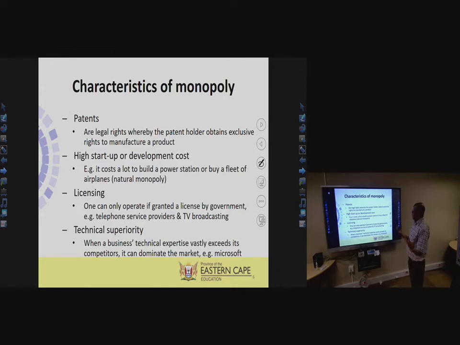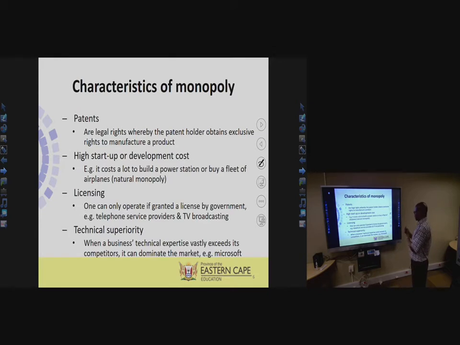You cannot just decide, okay, now I want to set my own TV station. You cannot do that unless you have a license. Then also with the telephones, you cannot just say, okay, I'm going to open my telephone lines. You will need a license to do that. Therefore, other things will need licensing before you can get into that particular business.